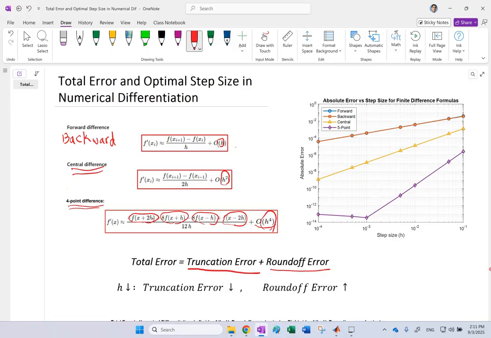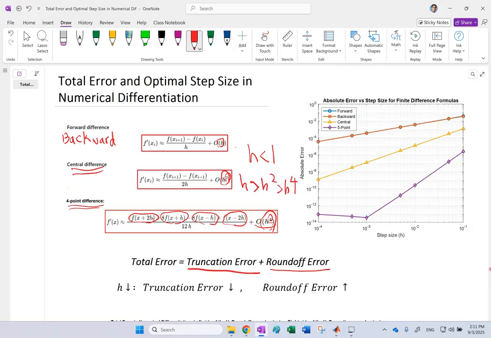Now, we typically use step sizes less than 1. So we expect that as we use more points to approximate the derivative and this power goes up, because numbers less than 1, when you raise them to any power bigger than 1, get smaller and smaller. So h is bigger than h squared, and that is bigger than h to the 4.